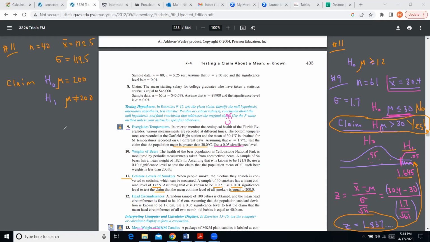So the opposite statement to the equal will be not equal. And not equal means it's either greater or less than 200. We don't know what it is, but we're just trying to test if it's equal or not. And I'm going to make a picture of that H1 region.